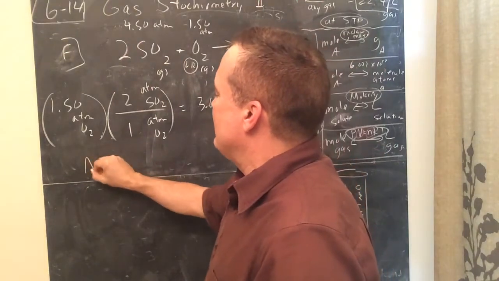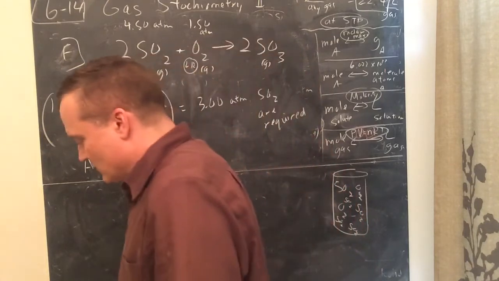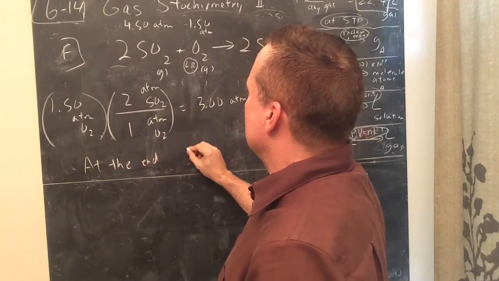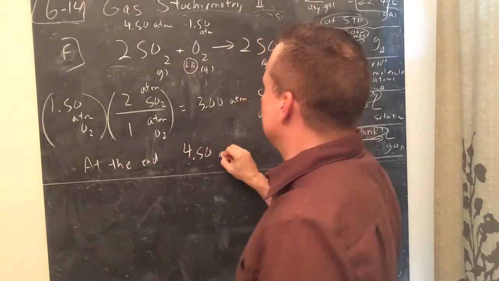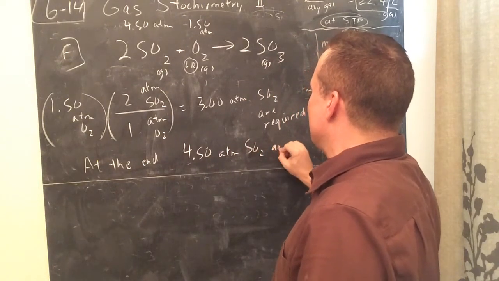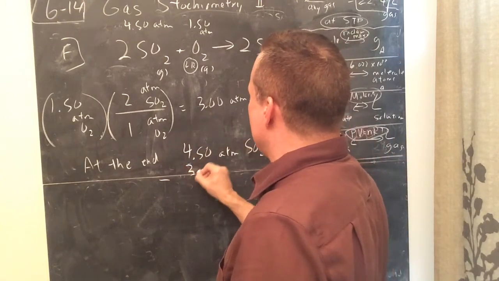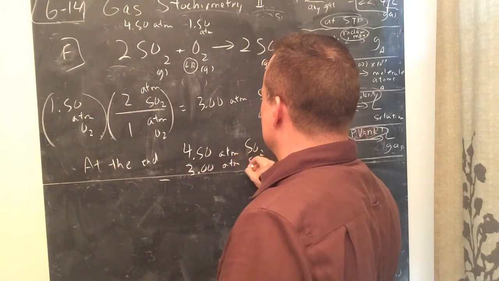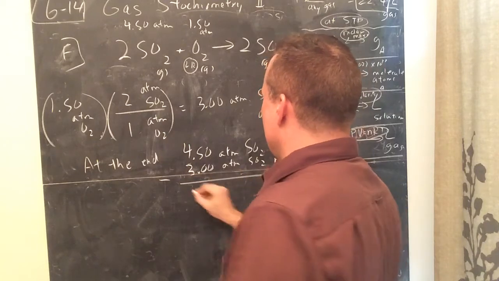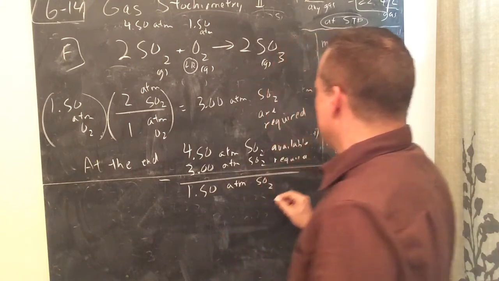So at the end of the experiment, whatever, 4.50 atmospheres of SO2 were available, minus 3.00 atmospheres SO2 required. So 1.50 atmospheres of SO2 excess.